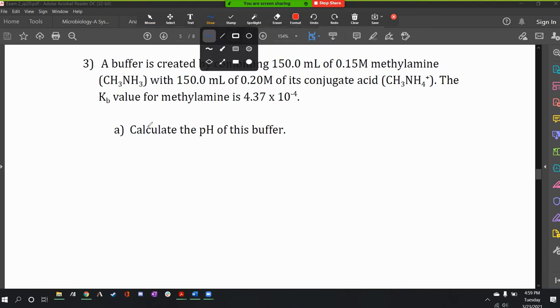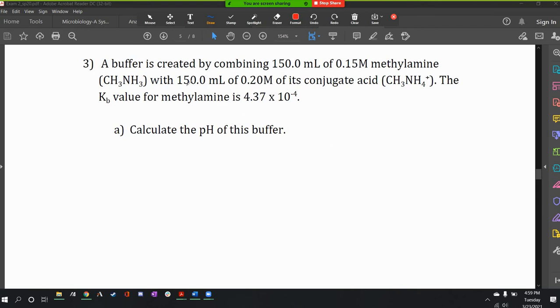So, what's a buffer? A buffer is just a solution, a glass of water or a beaker of liquid, that has both an acid present and its conjugate base present at the same time. That's it.